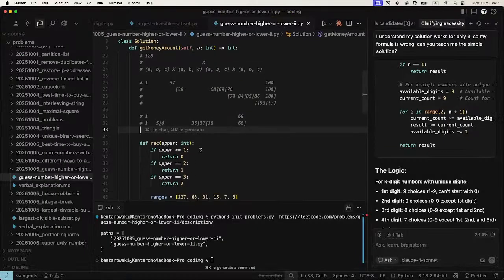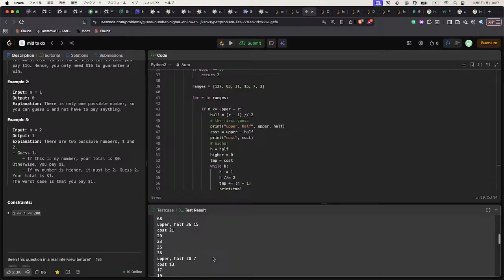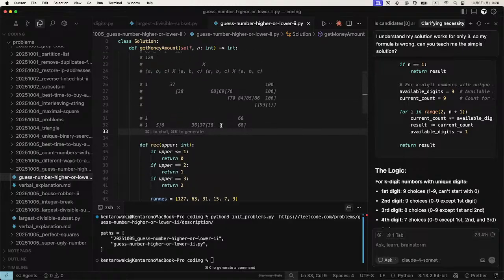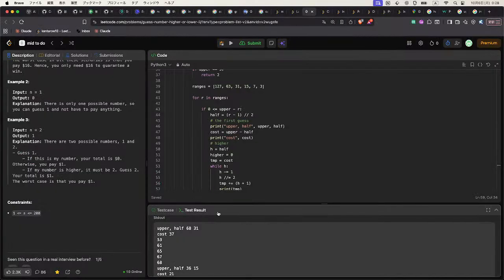Plus 15, 40, 50, 52, 53. Next cost is 53. Yeah.